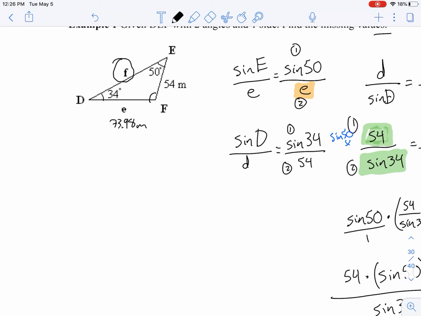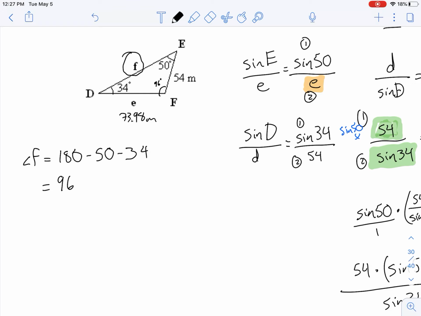So angle F is equal to 180 minus 50 minus 34 to get that third side of our angle. So we can get that 180 minus 50 being 130, minus 34 is 96 there, looks like, degrees. So we have this angle right here being 96 degrees.